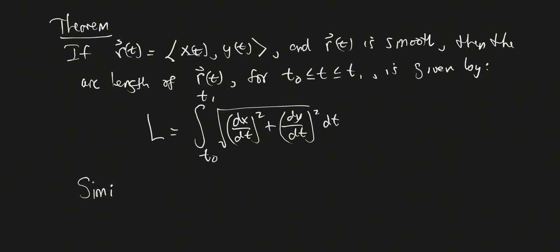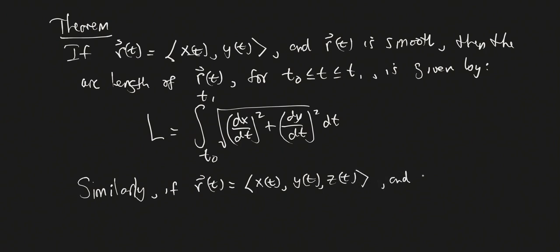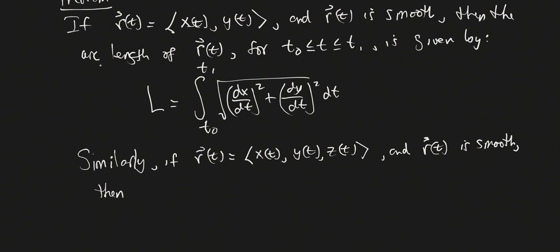So similarly, if r of t is this function, x of t, y of t, z of t, and r of t again is smooth, right? Then it's the same interval, same notation.